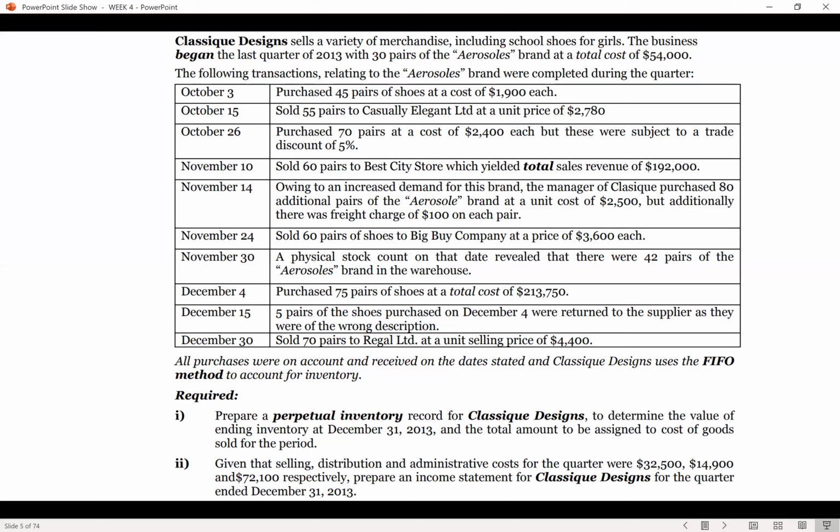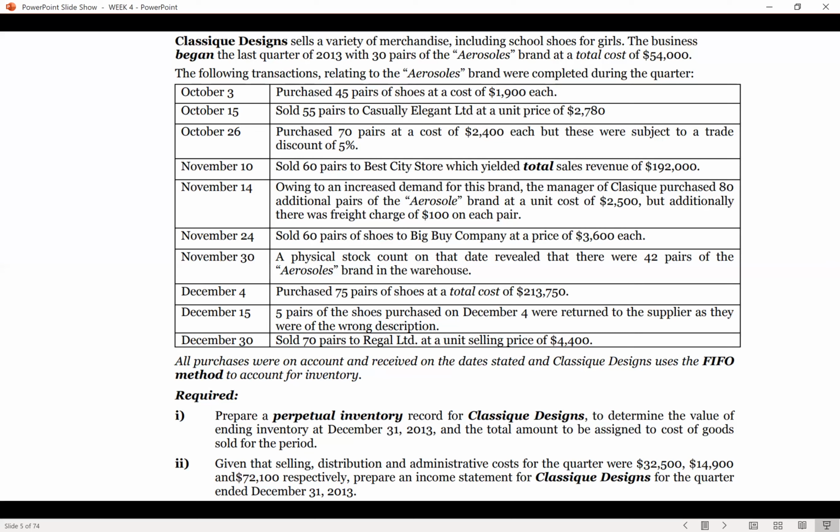Every purchase we conduct, the journal entry would be a credit to accounts payable, if we were doing the journal entries. It says all purchases were on account and received on the date stated, and Classiques Design uses the FIFO method to account for inventory.